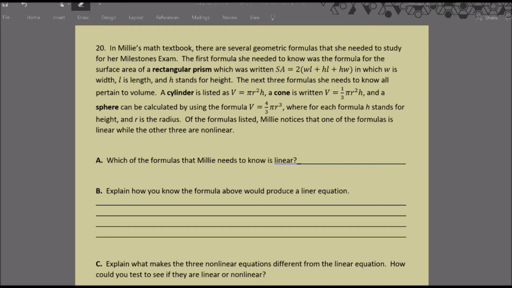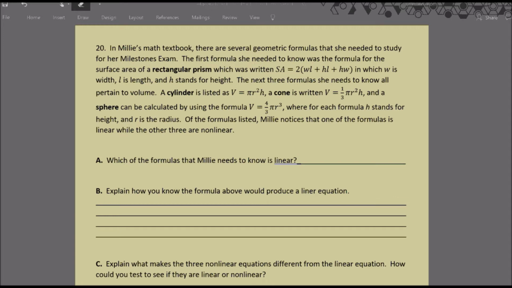All three of these, part A, part B, and part C, are asking you the same thing. It says in Millie's math textbook, there are several geometric formulas that she needed to study for her milestone exam. Basically meaning she's got three formulas, or what does that say, three? There are several. The first formula she needed to know was the formula for surface area of a rectangular prism.